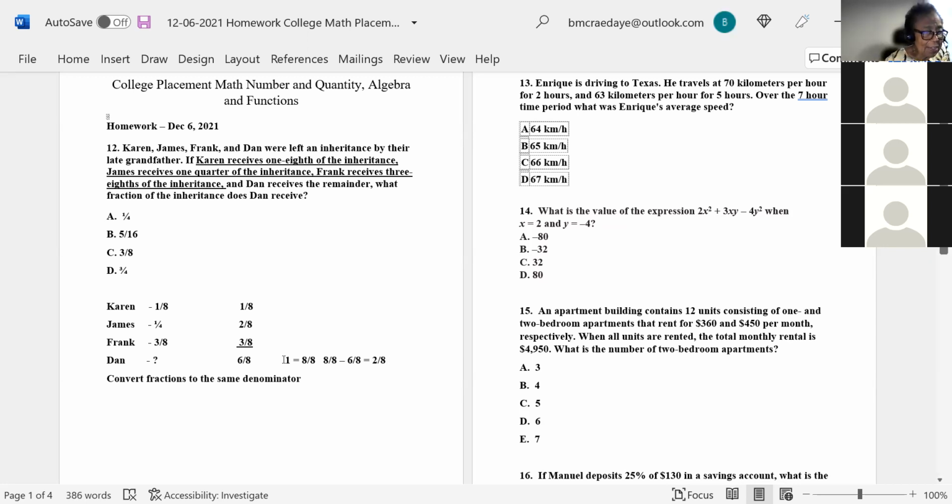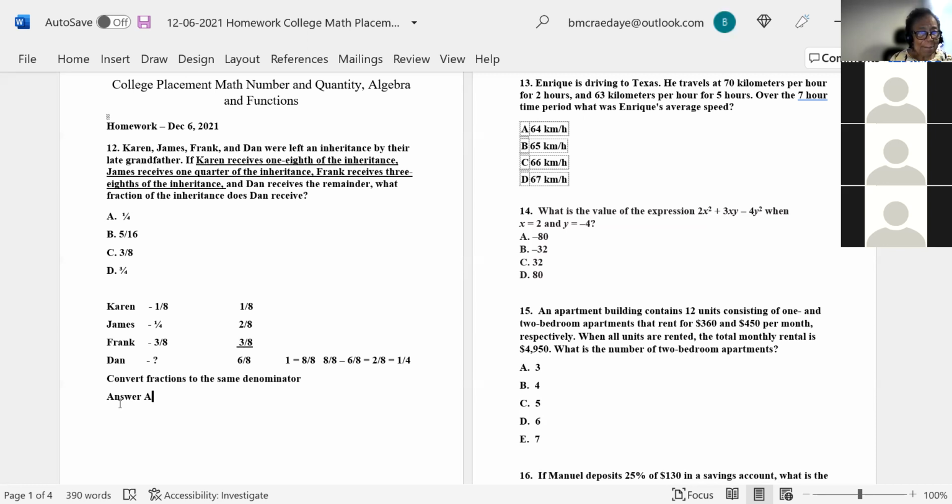So 2/8 is equal to 1/4, right? So that means the answer is A, 1/4, because we simplified the 2/8 to 1/4, and 1/4 is the first answer, A.